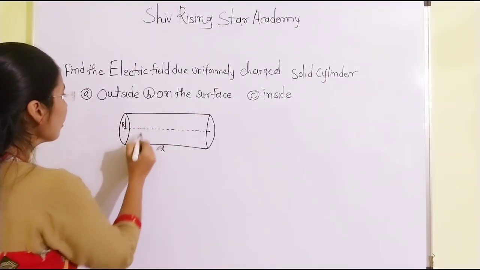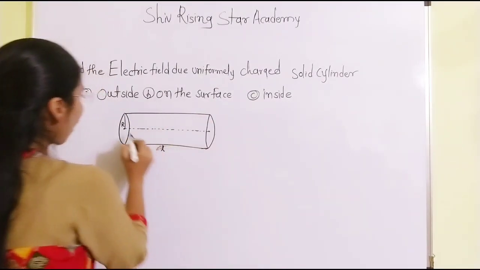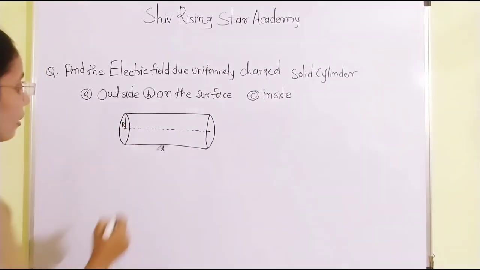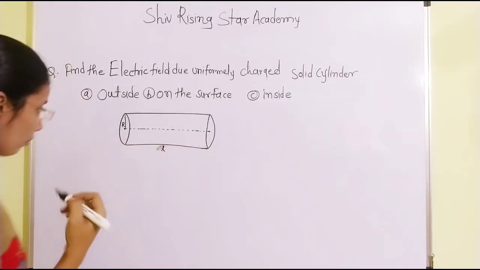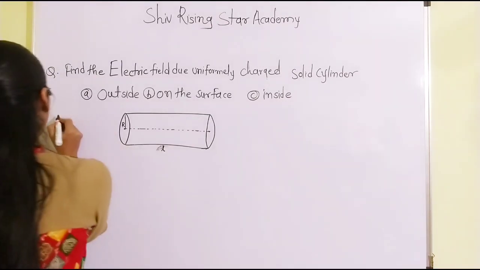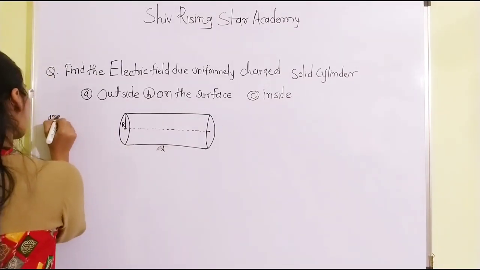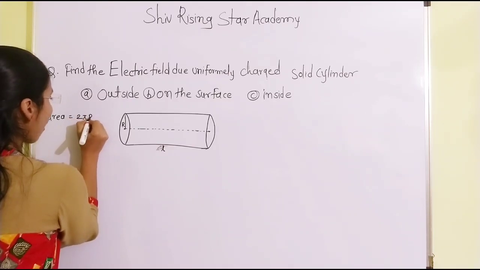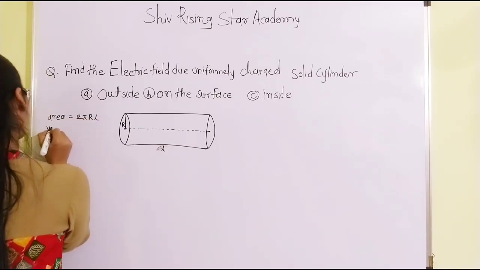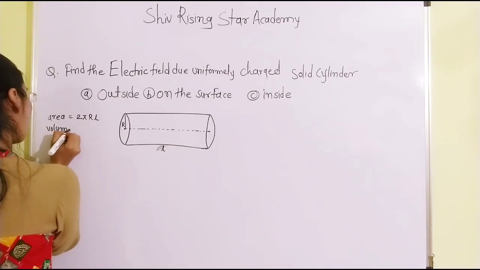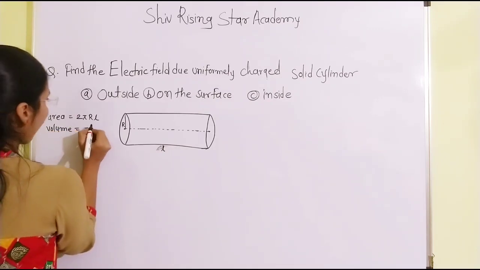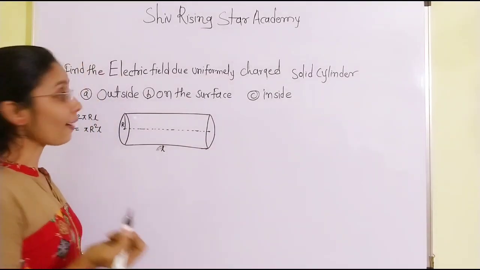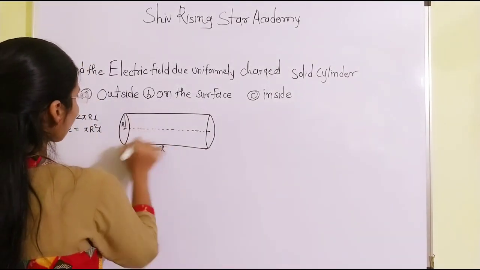So we have a solid cylinder with radius r and length L. We know that the area of the cylinder is 2 pi r L and the volume of the cylinder is pi r square L.